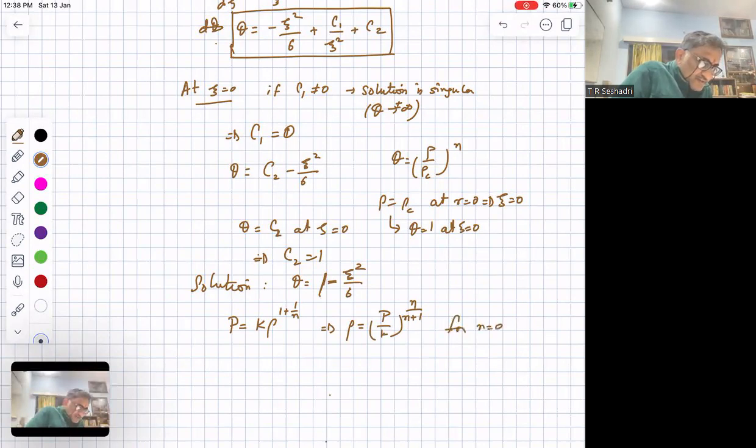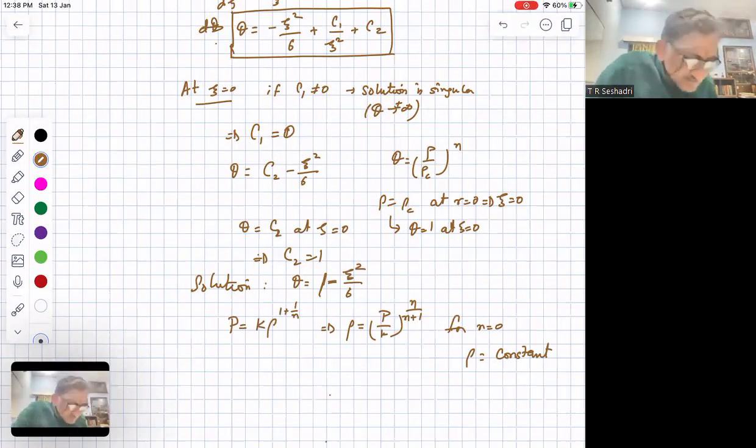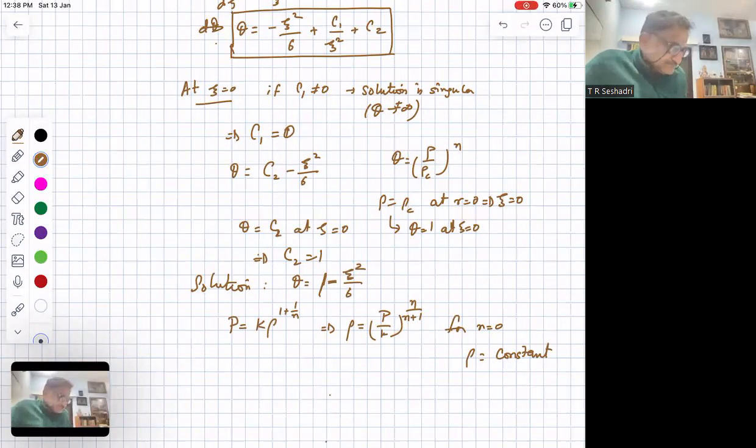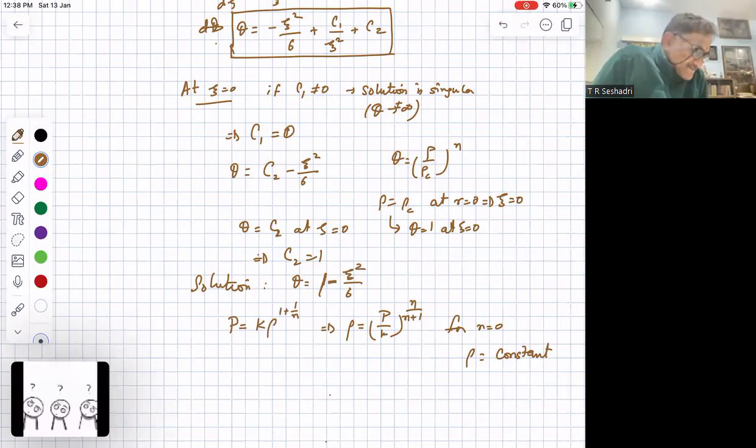For n equal to 0, rho equals constant. This is what Anirudh was asking earlier. The n equal to 0 case corresponds to a constant density sphere. All right?